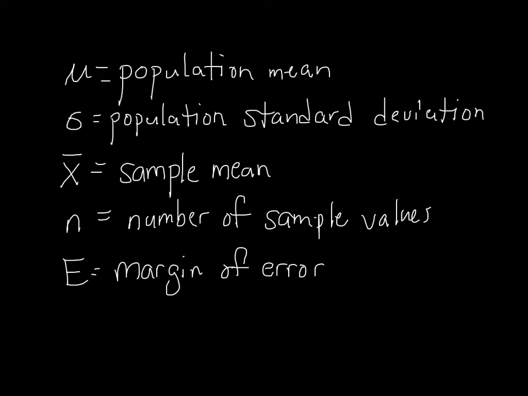And then finally, this is kind of a new one, is a critical value, z sub alpha divided by 2. And you're thinking that's really confusing. We'll show you what that means.